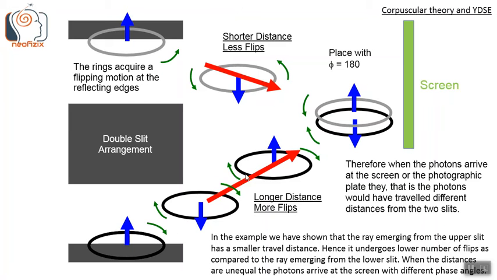So if we consider the particles coming at this place on the screen, it is at a shorter distance from this slit and a longer distance from this slit, so the number of flips will also be different. Because this upper slit is closer, the light particles coming from there will have a lower number of flips.